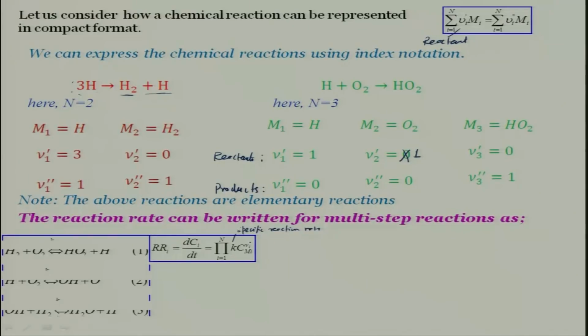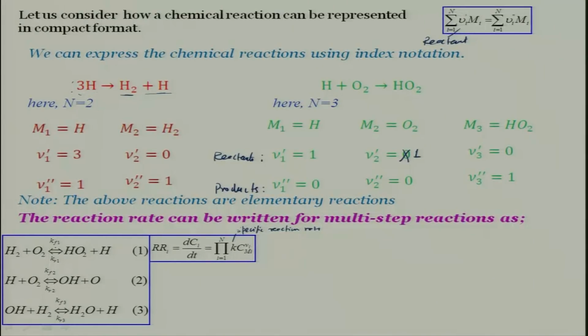Now, I will take 3 reactions. H2 is reacting with O2 going to HO2 and H. Keep in mind these are elementary reactions, so there will be a forward reaction KF1 and a backward reaction KR1, that is the reverse reaction.